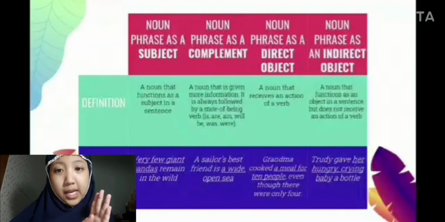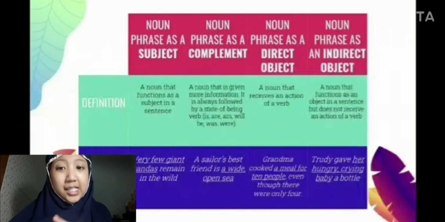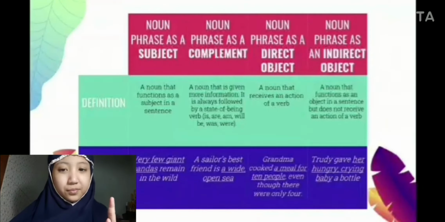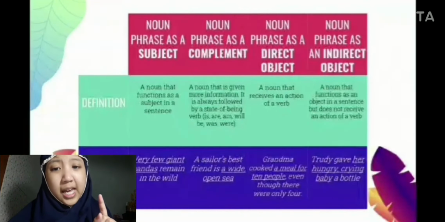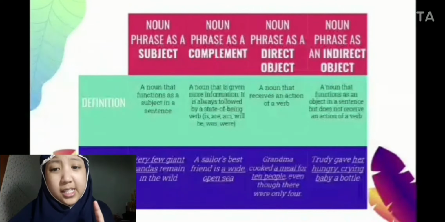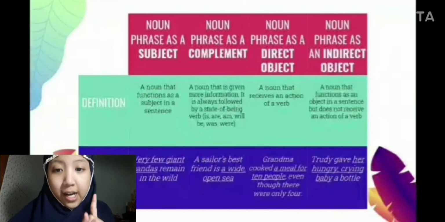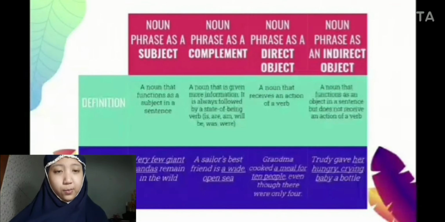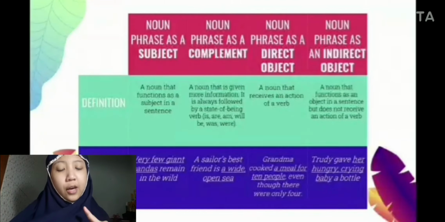And then the last and fourth type is noun phrase as an indirect object. It is a noun that functions as an object in a sentence but does not receive the action of a verb.